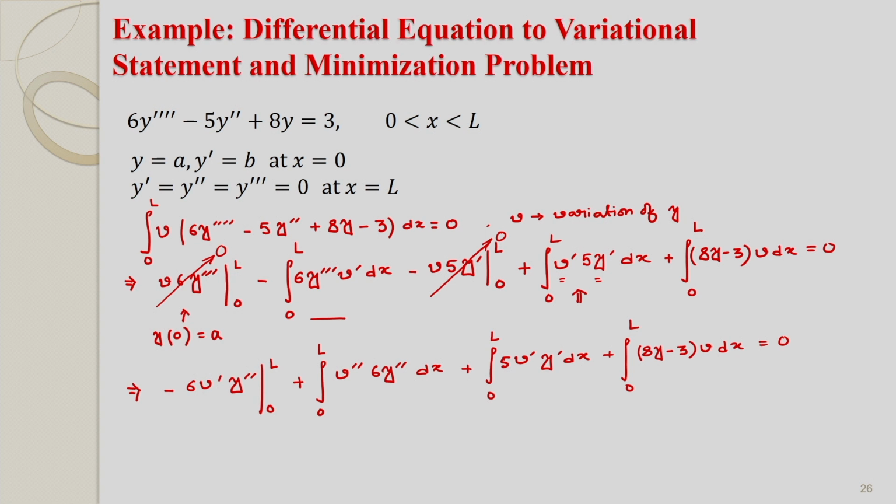Now, here for this boundary term, y prime is prescribed at x equal to 0, so v prime will be 0 at x equal to 0, and at x equal to L y double prime is 0. Hence, the contribution of this boundary term at x equal to 0 and at x equal to L is 0.